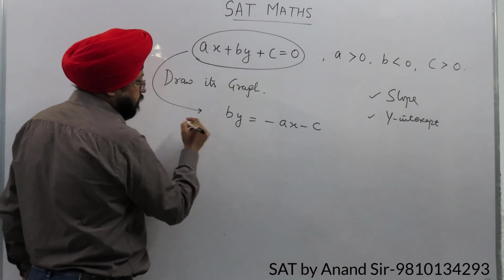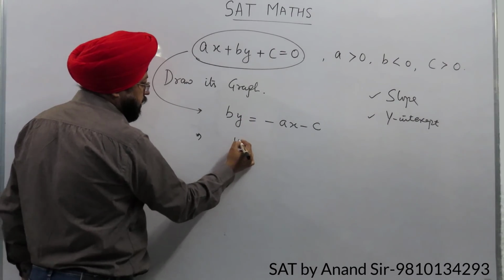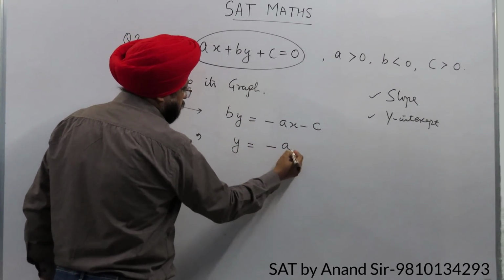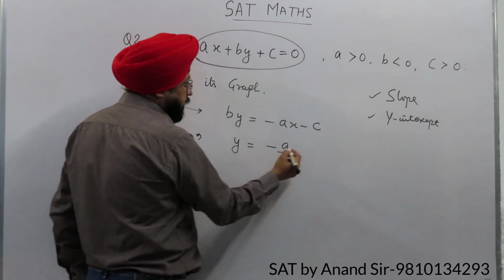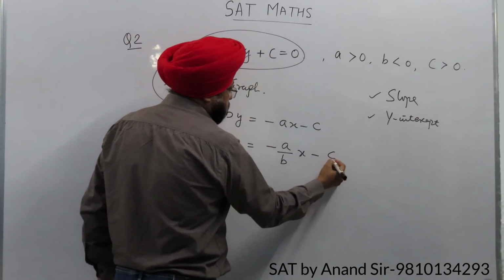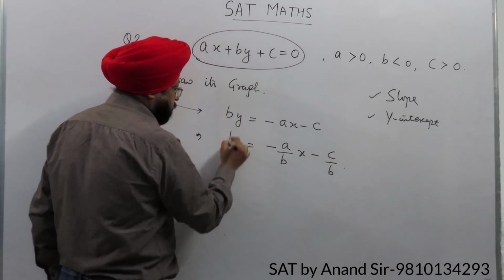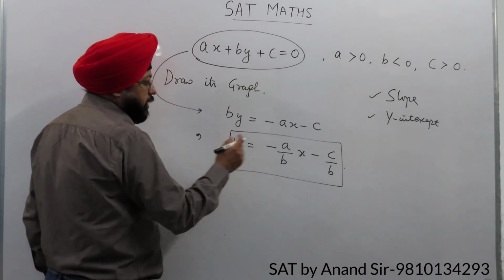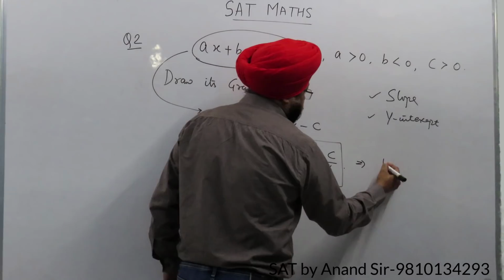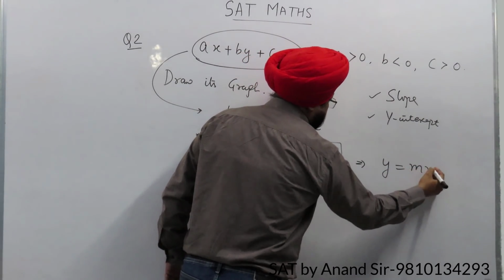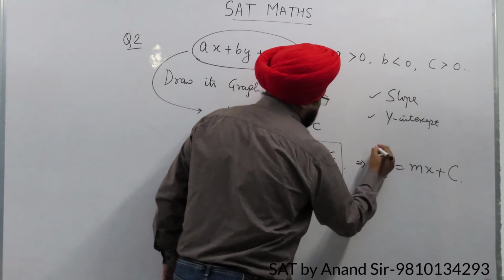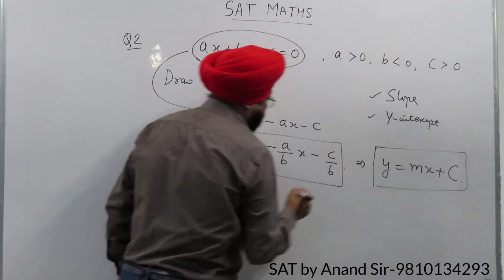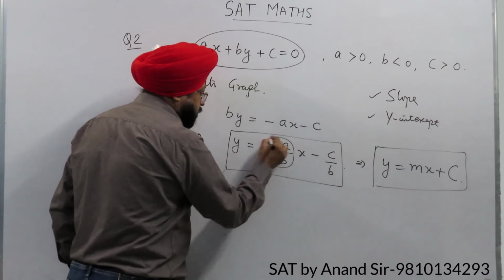It means dividing both sides by b, we get y equals minus a over b times x minus c over b. Now just equating it with the equation of the straight line, which is y equals mx plus c. It means that the slope is minus a over b.